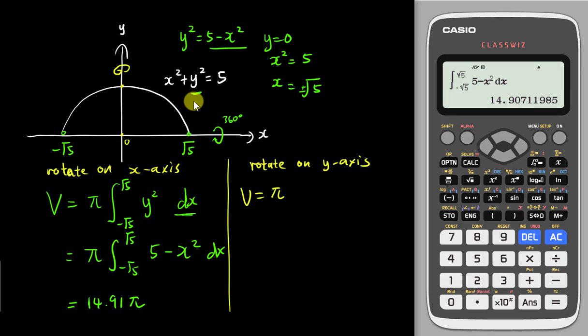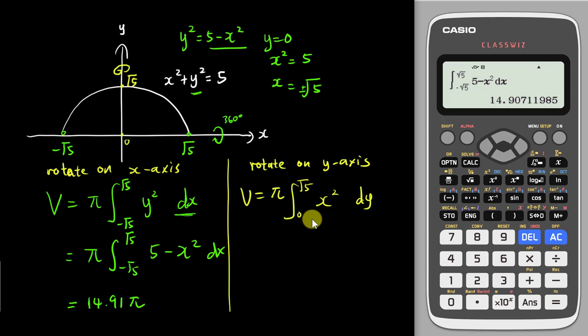In order to find this value, I need to make x equal to 0, because it is the y-intercept. So x equal to 0, this one should be positive square root 5. So you go from 0 to square root 5, x squared dy, because it rotates on the y-axis, so this one will be x squared.